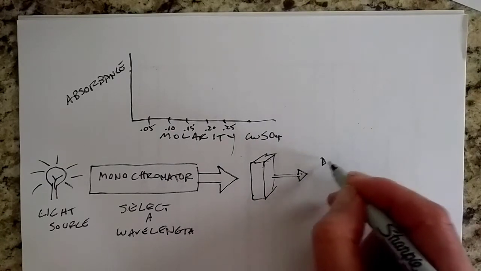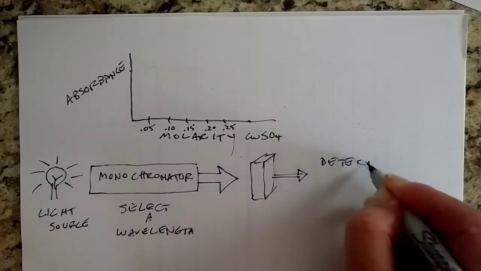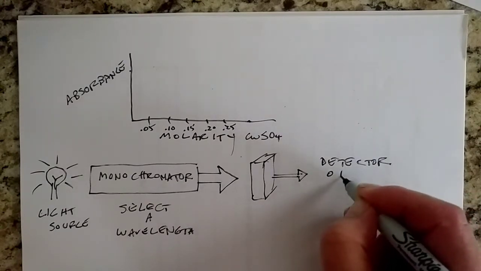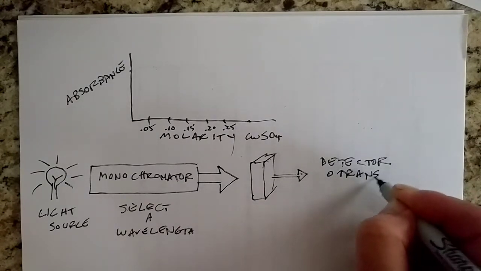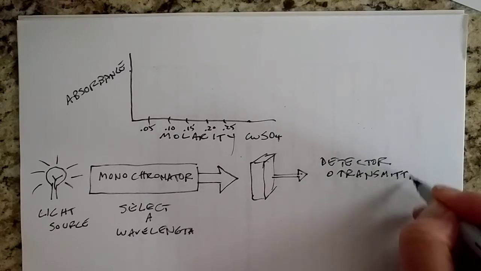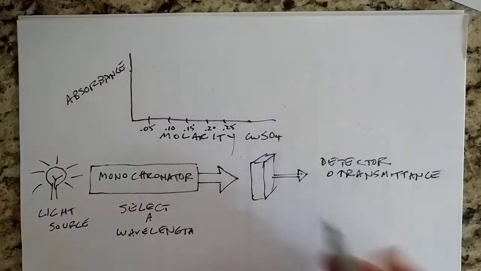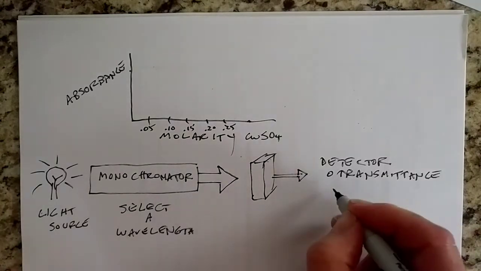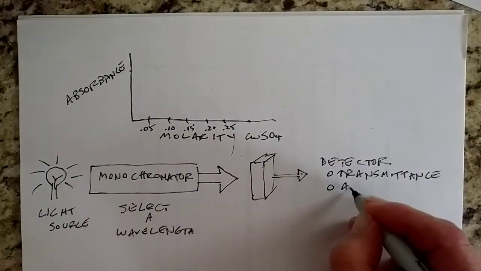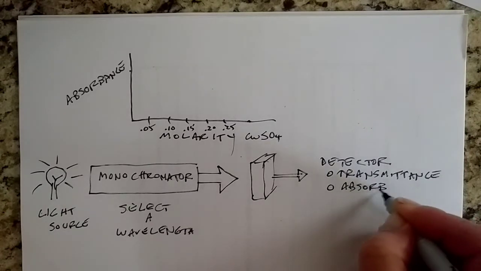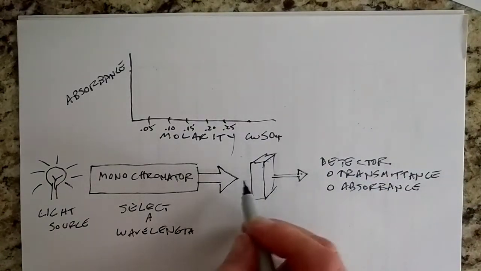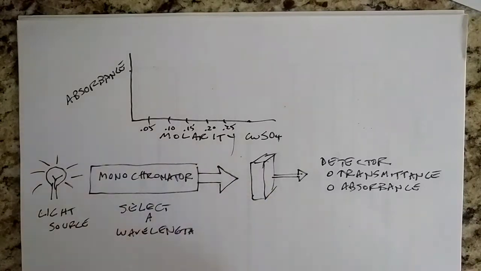Then we have a detector, and the detector either tells us the transmittance, how much of the original light makes it through, or it tells us the absorbance, how much light doesn't make it through.